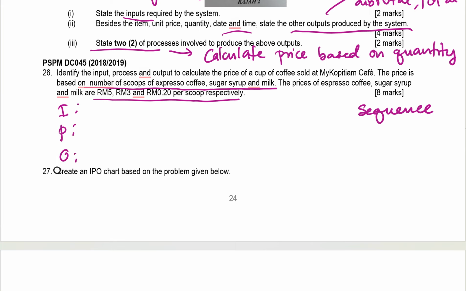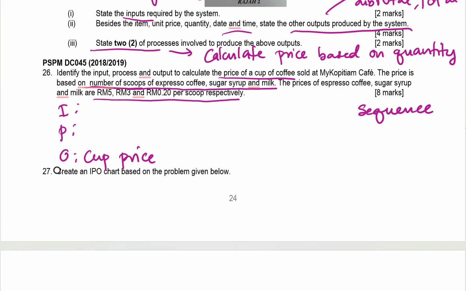So what is your output? The output is you are going to get the price of a cup of coffee. It's up to you. Now the question said that the price is based on number of scoop here.